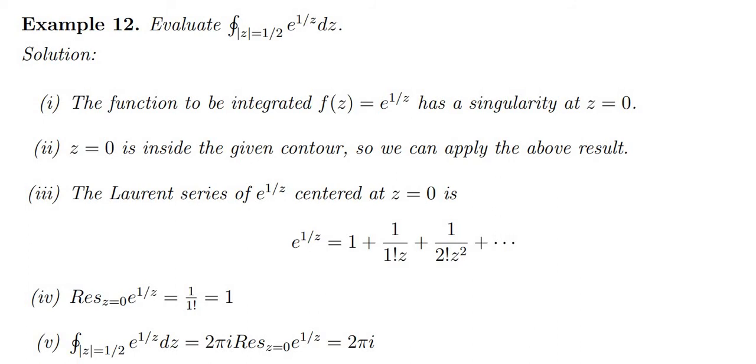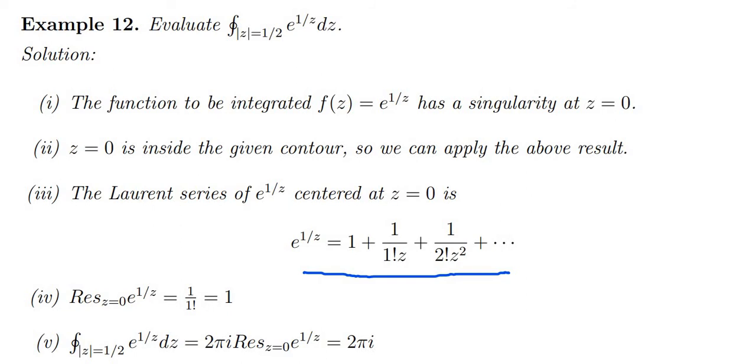The Laurent series of e raised to 1 by z centered at z equal to 0 is e raised to 1 by z equal to 1 plus 1 by 1 factorial z plus 1 by 2 factorial z square and so on. From here, we can see that the residue of e raised to 1 by z at z equal to 0 is 1 by 1 factorial or 1.